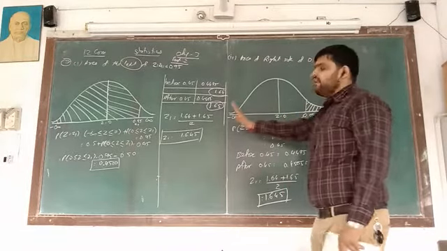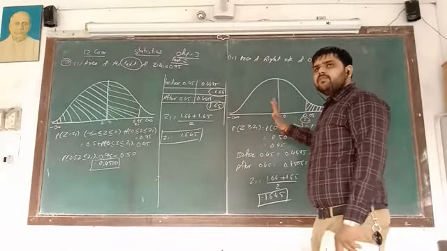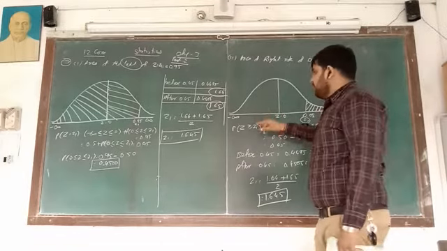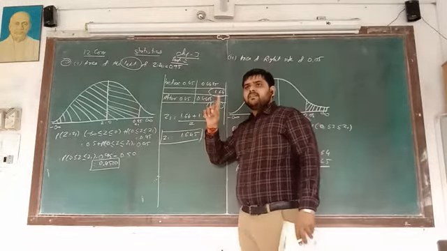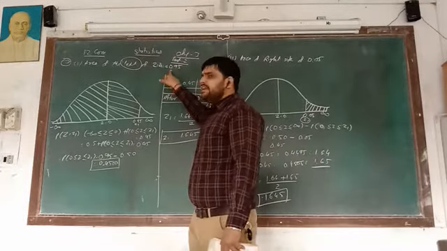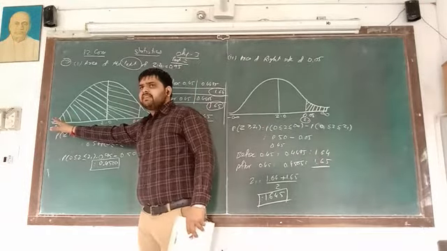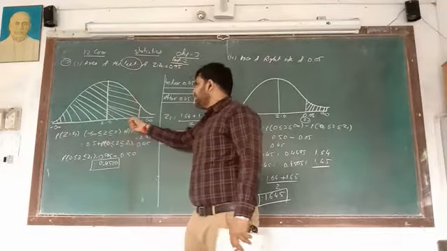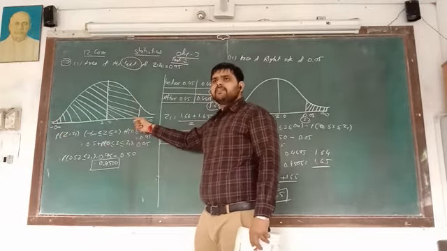Whatever value is there, we have to set it, because the whole value of probability is 1. Here 0.95 is given. From the left-hand side we start, and where it completes 0.95, it is nearest to 1.